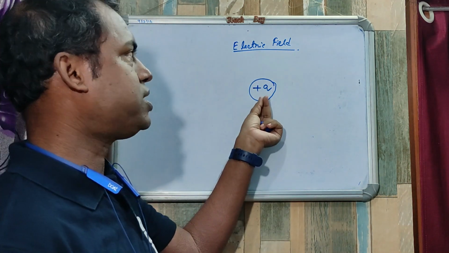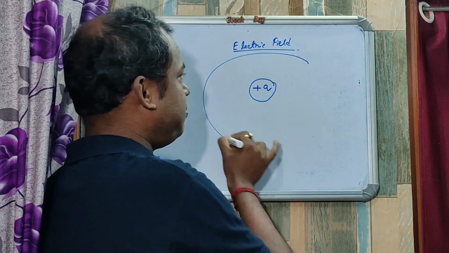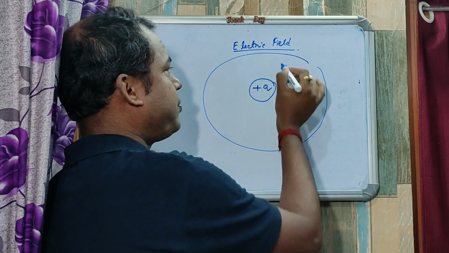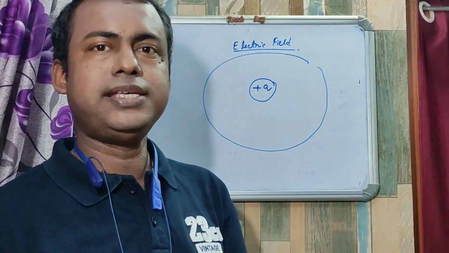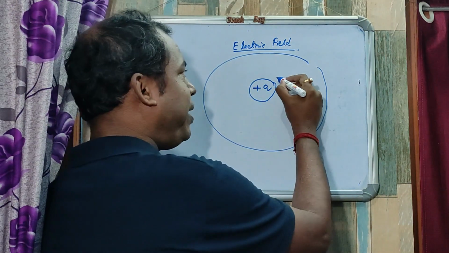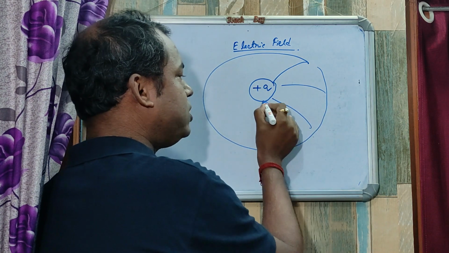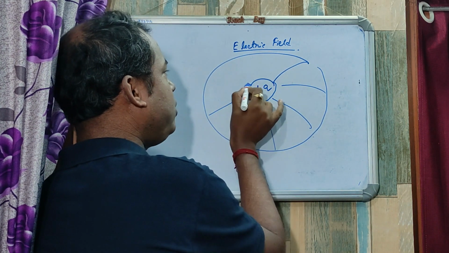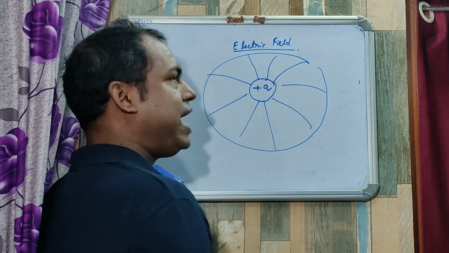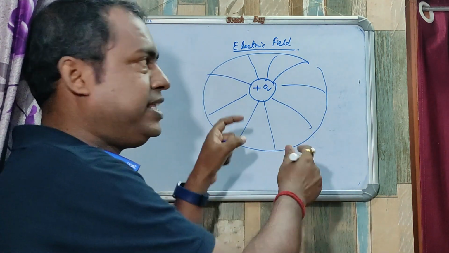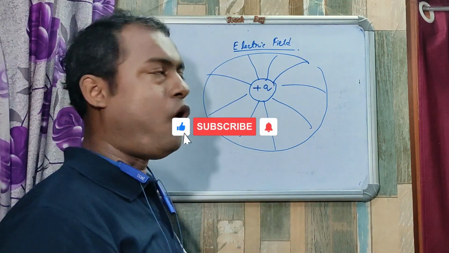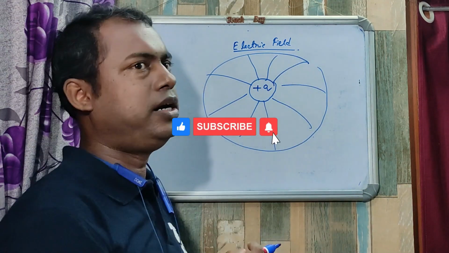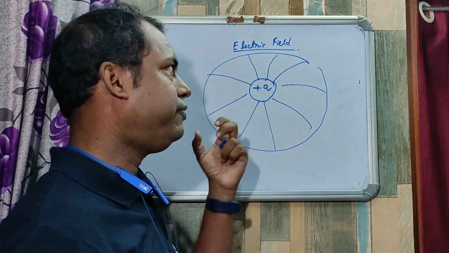When we place a source charge, in the surroundings of the system there will be a change. Some properties of the surrounding may change because it is positive, so it can produce a positive field around it within a certain range. This range, throughout which a certain change occurs, is called the electric field.